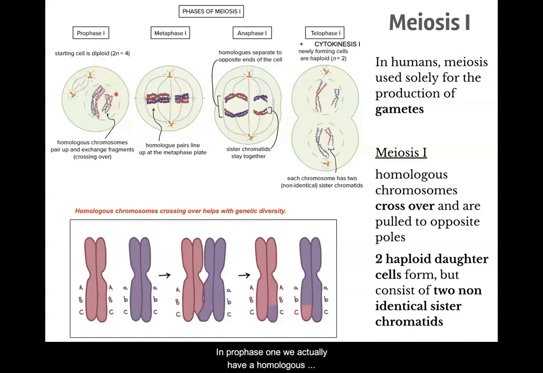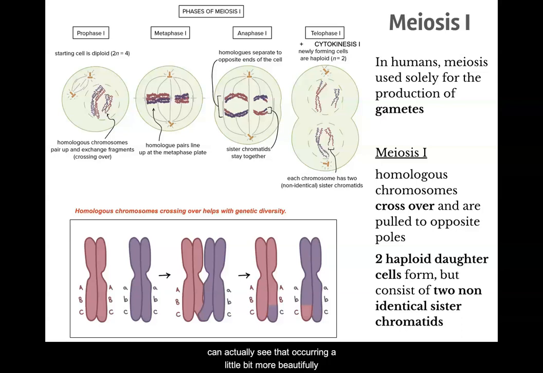In prophase I, we actually have homologous chromosomes finding its partner, kind of finding and making its way towards its similar chromosome, so finding its pair, kind of lining up right next to it, because what happens is an exchange of genetic material. This is called crossing over in prophase I.